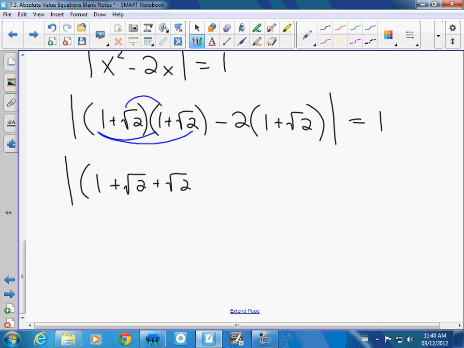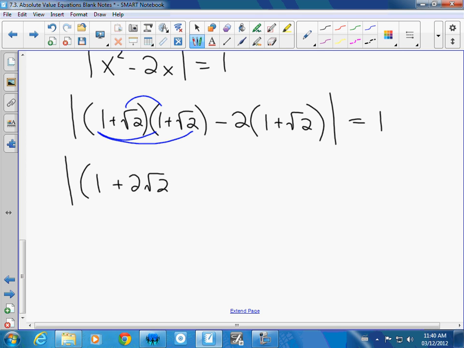Look, there's pluses in here. This is basic FOIL. So root of 2 plus root of 2 is 2 root of 2. Okay, I'm putting my 2 root of 2 back in since you understand that now. Plus 2 root of 2.